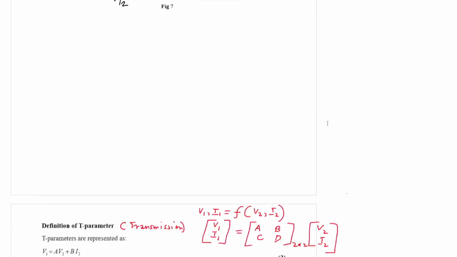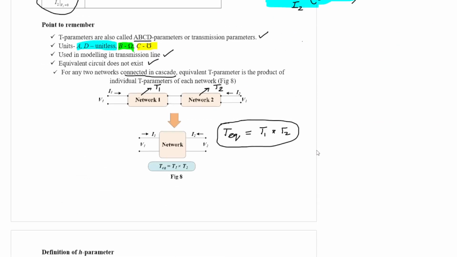Now this is called a cascade connection because this is the output of network 1, and that becomes the input of network 2.